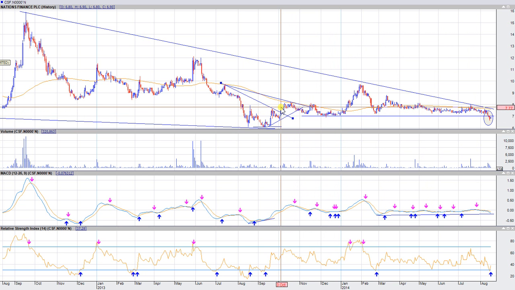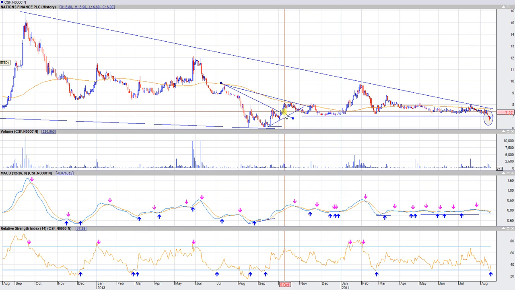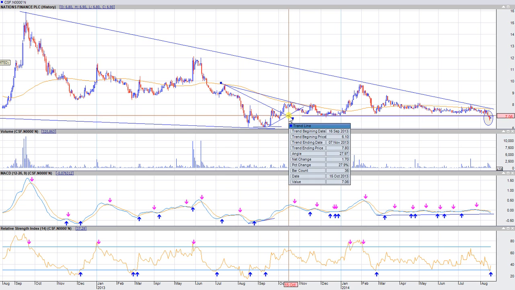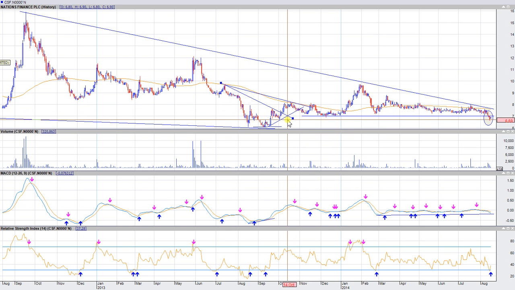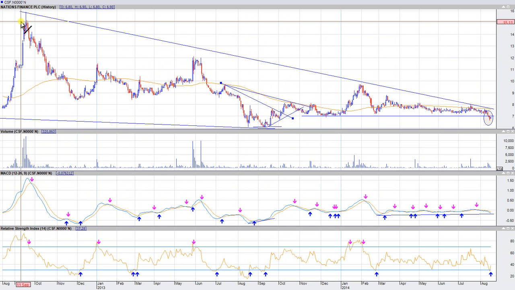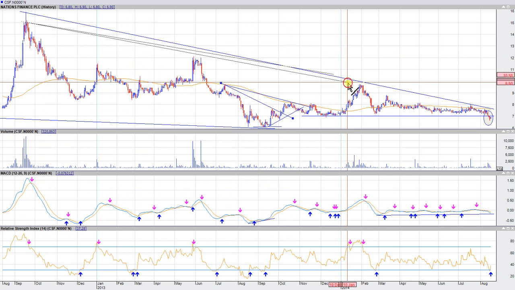Okay, so the entry point I'm sure would have been somewhere here around 740, and it was holding very nicely the support of 670. So the 670 was the support for him, and he entered the trade around 730, and it went towards this. Now what should have been his resistance point? If not this one, I would have drawn the resistance point around these levels.